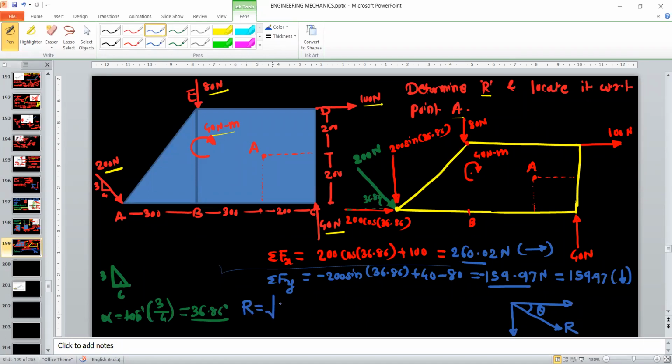R is equal to the square root of summation Fx squared plus summation Fy squared. Calculate this value. So the resultant is 305.29.